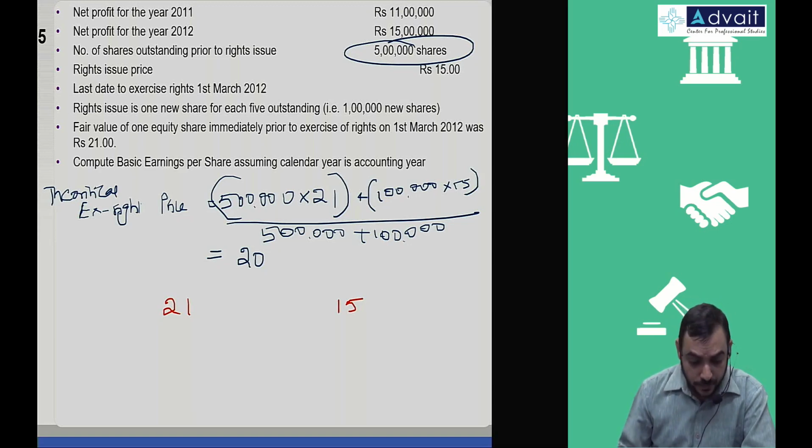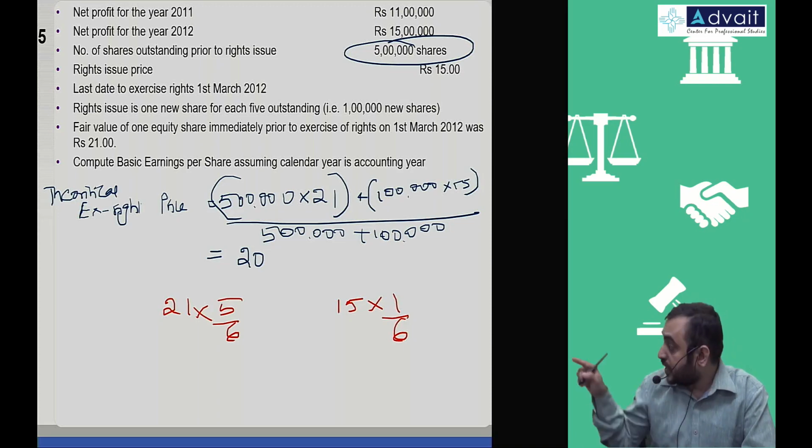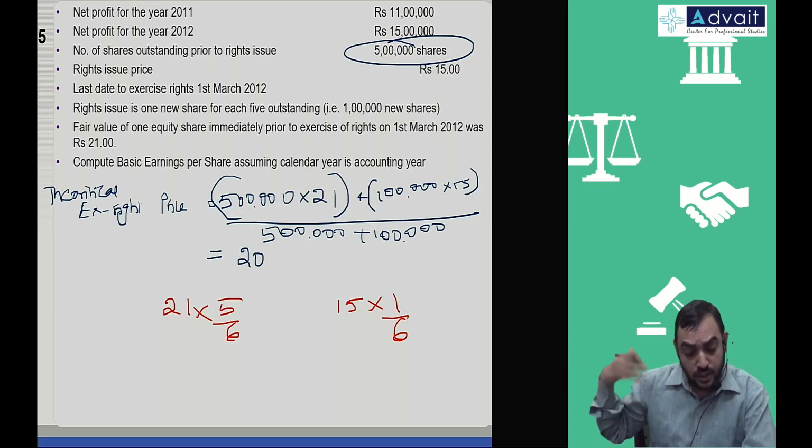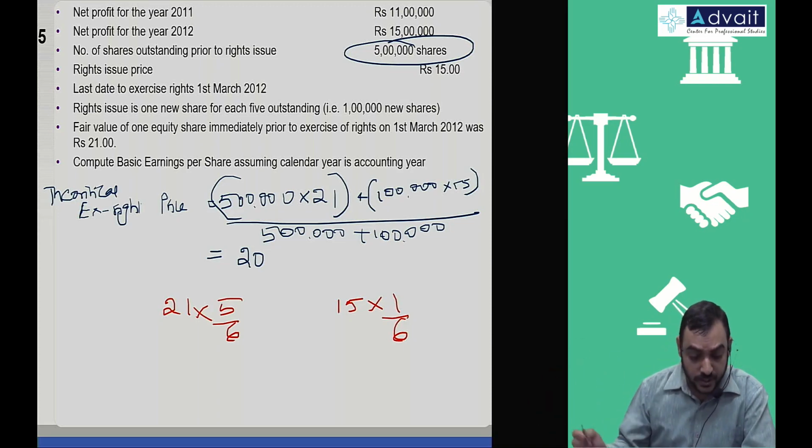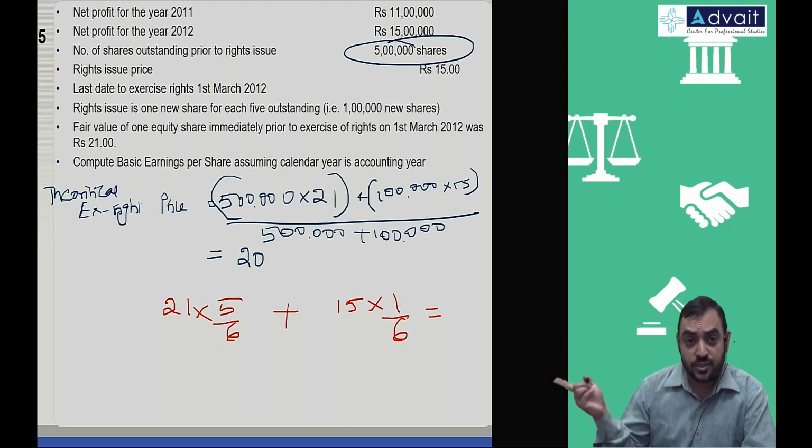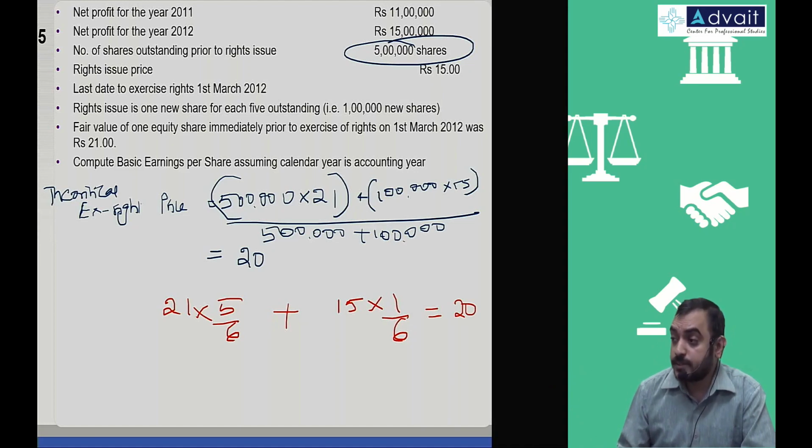So 15 into 1 by 6, 21 into 5 by 6, because 5:1 is the ratio. Existing is 5, the new one is 15 rupees. If you take this number, that also should give you 20, you can cross check. 21 rupees into 5 by 6, and 15 rupees into 1 by 6. That should also give you mathematically 20 rupees.